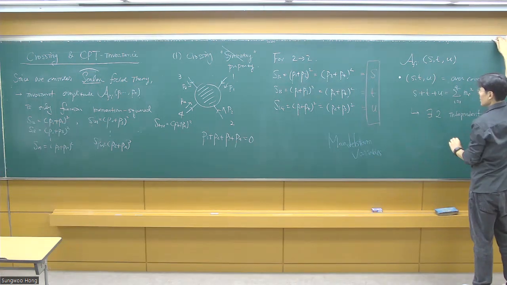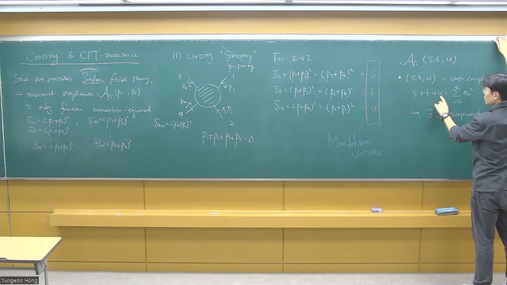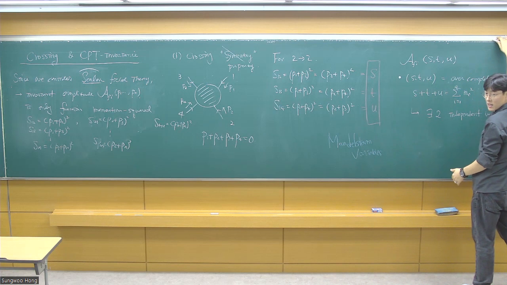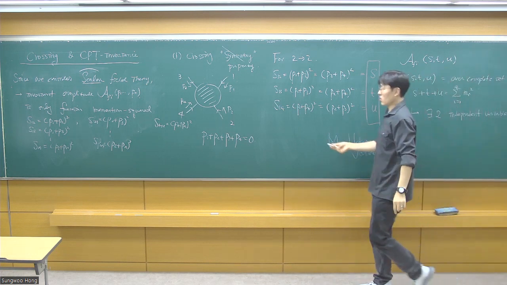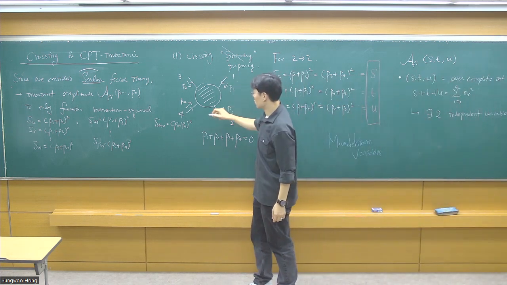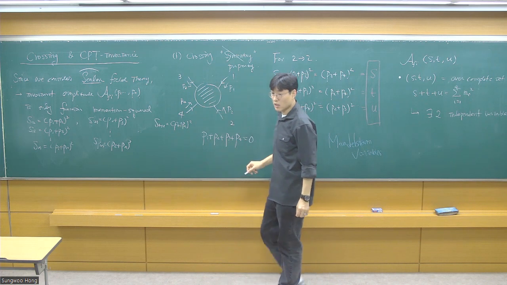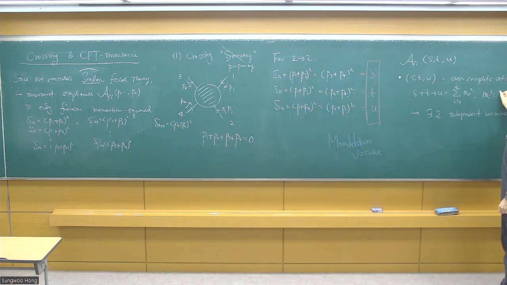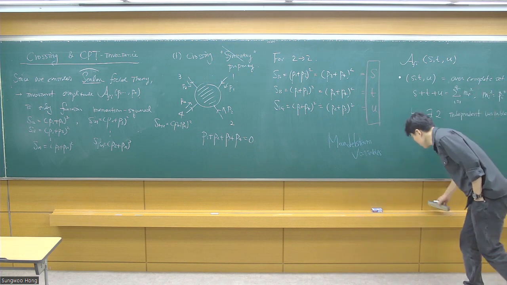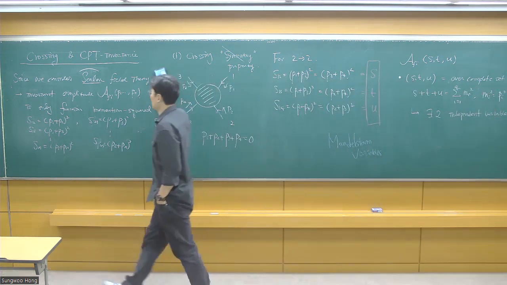If you sum S plus T plus U using that definition, it equals the sum of the mass squared of all the external lines, M1 squared, M2 squared, M3 squared, M4 squared. Sorry, here by Mi squared, I mean Pi squared, their mass squared. So that can be shown very easily.